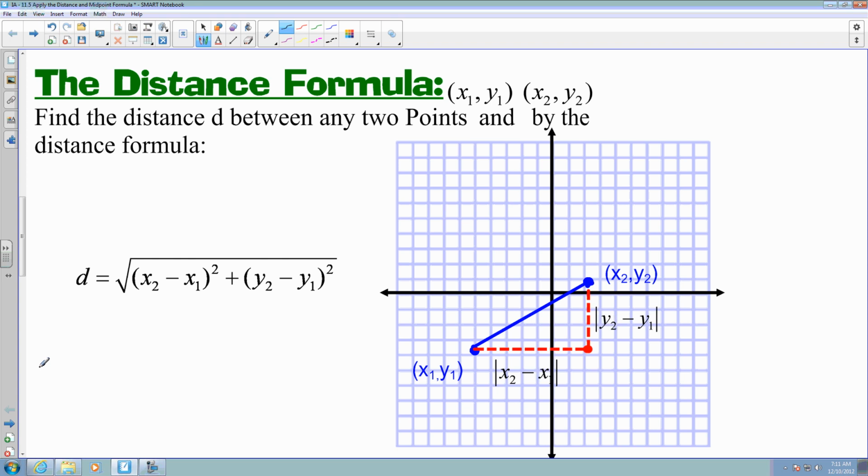Now, it doesn't matter which one you use as your x2 or y2. It's important that whatever coordinate you use first in the x portion of the formula, you use the same for the y. So if you use this x first here, it's important to remember to use that y as your first one too, or else you will get the problem incorrect.